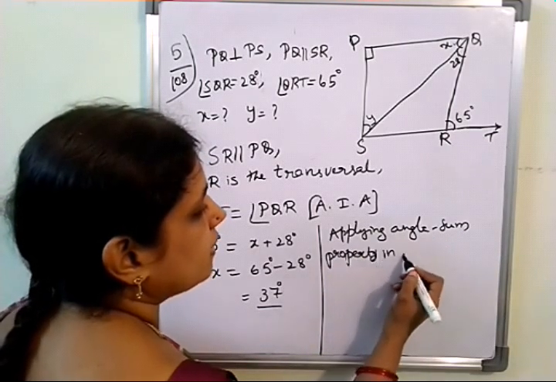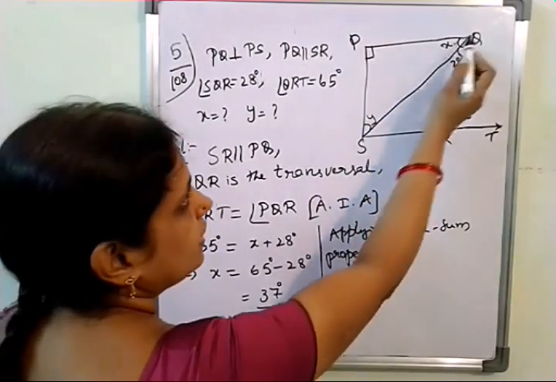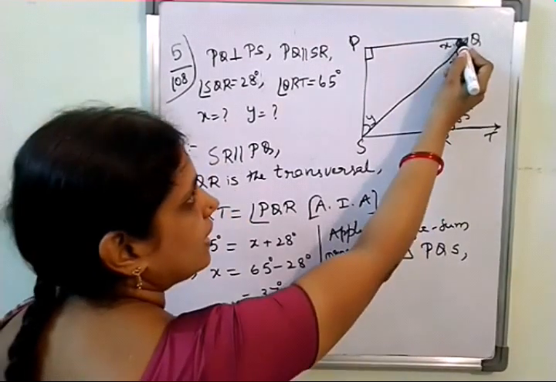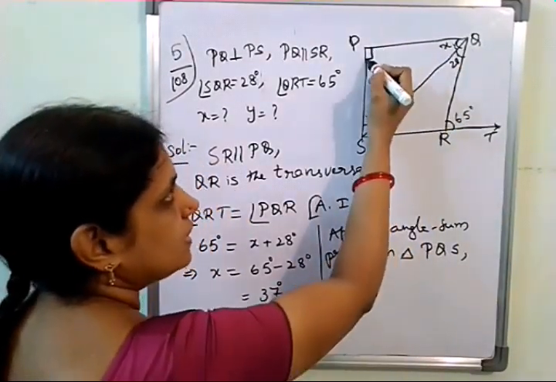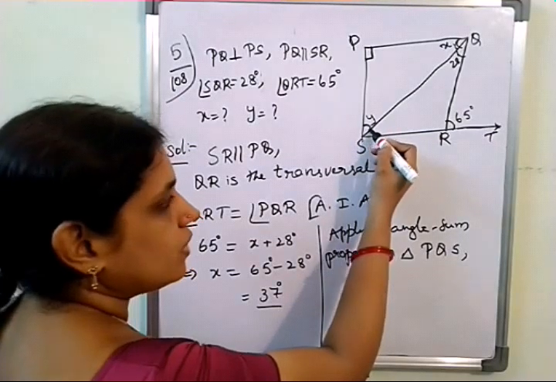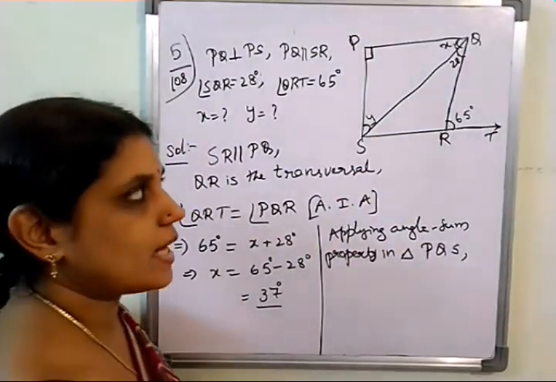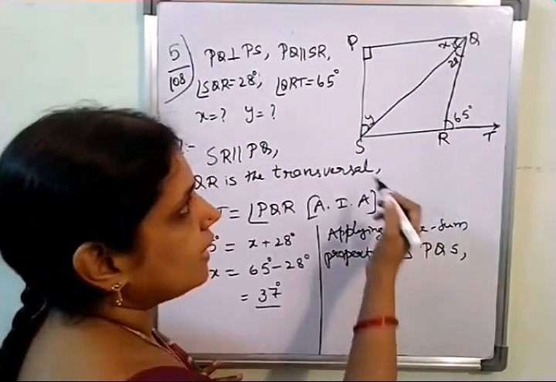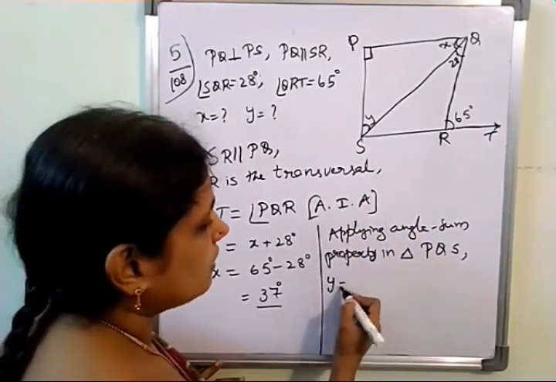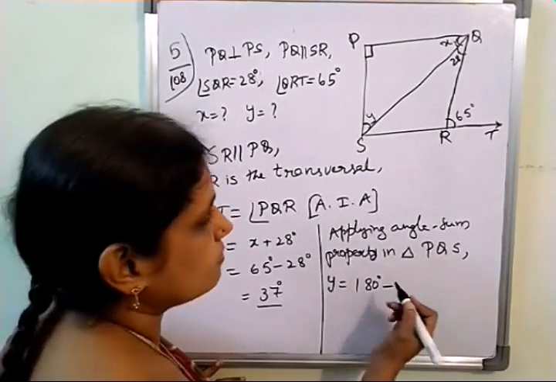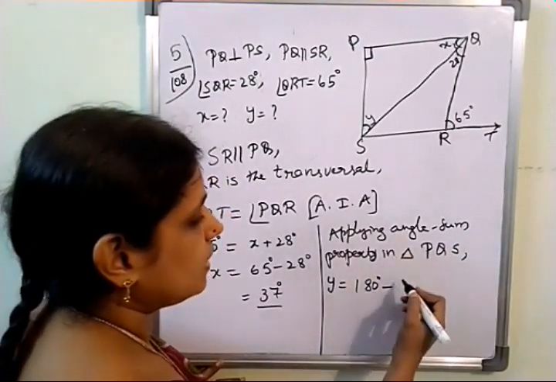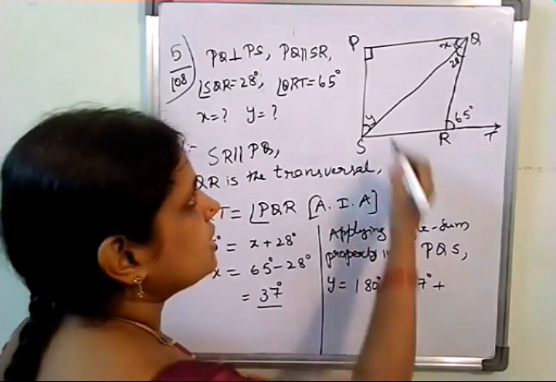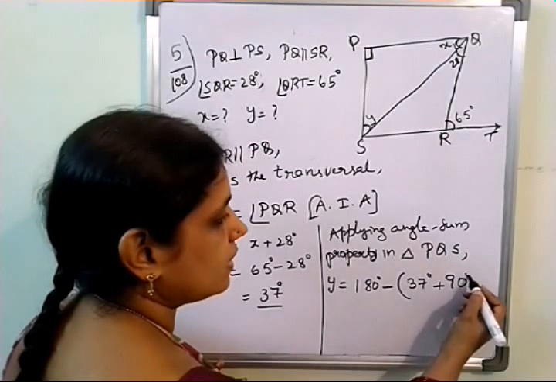Applying angle sum property in triangle. Here this is triangle PQS we are taking. Now here X we have, and here 90 degrees also we have. Only one more angle is missing. So we can use angle sum property to find the value of Y. So applying angle sum property in triangle PQS, Y equal to 180 degrees minus (X value is 37 plus here 90 degrees, it is given in the question).